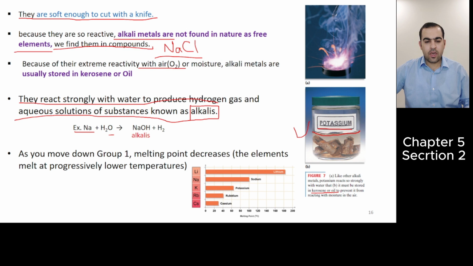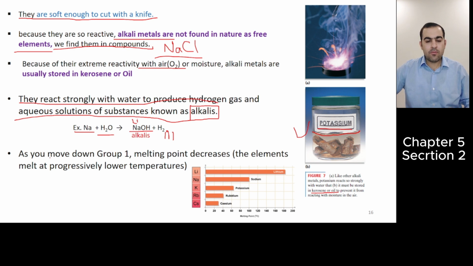Sodium reacts with H2O, then we get an aqueous solution, which is a base. We call it alkalis. For lithium, it will be lithium hydroxide and hydrogen gas. When they react with water, they produce alkalis and hydrogen gas.